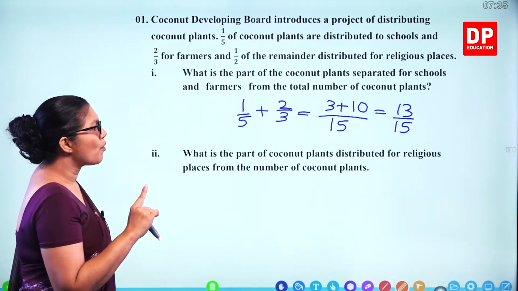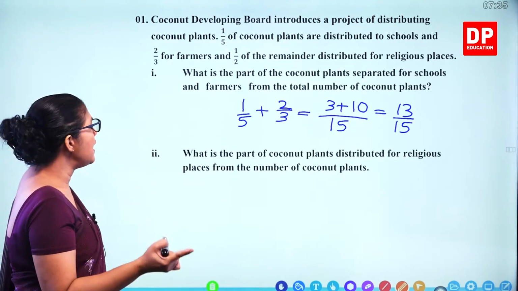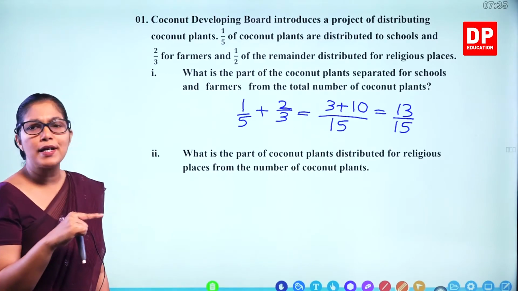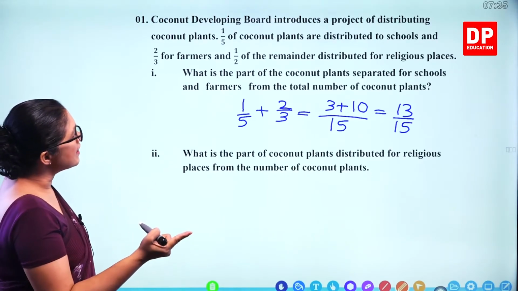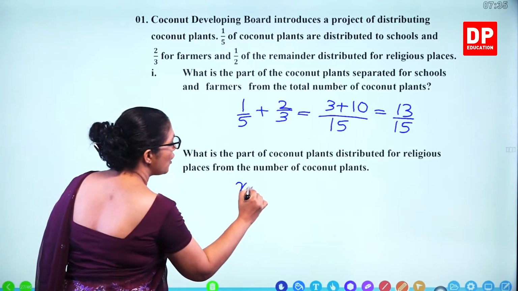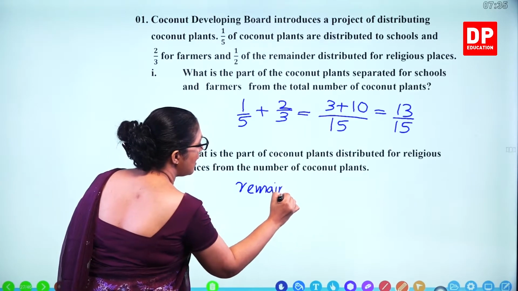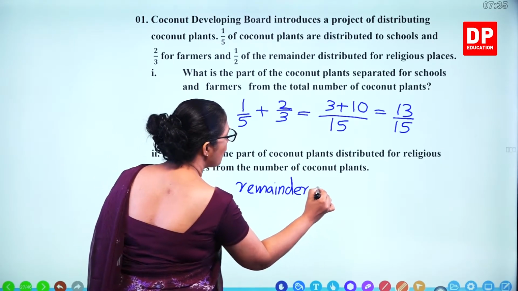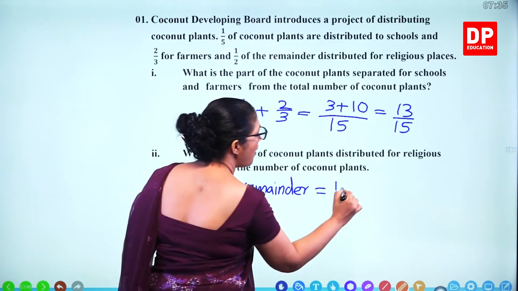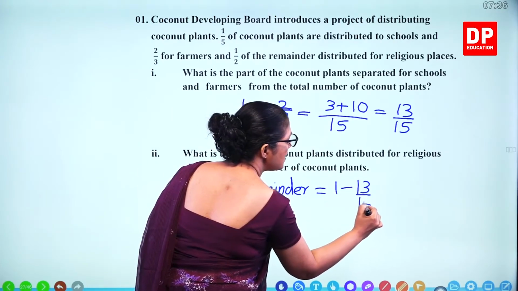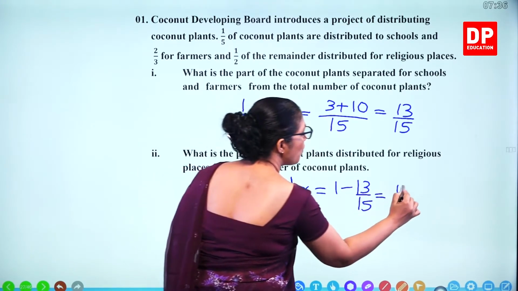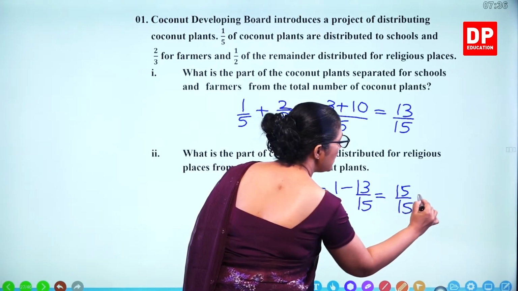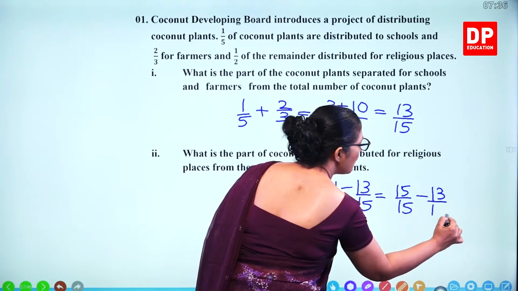What is the part of coconut plants distributed for religious places from the number of coconut plants? So the remainder. First we have to find out the remainder and then from that half of it. So 1 minus 13 over 15 is the remainder. You can write 1 as 15 over 15 minus 13 over 15.